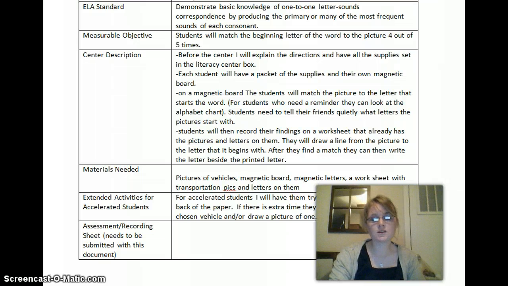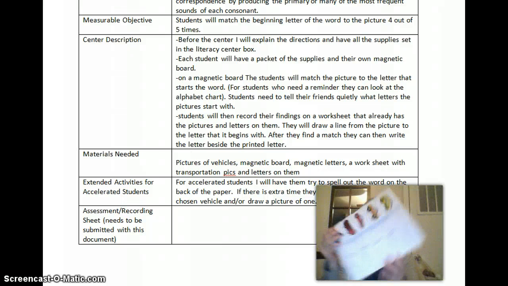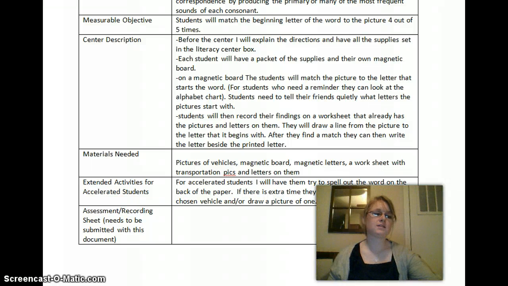Before the Literacy Center, I will explain the directions and have all the supplies set in the Literacy Center box. Each student will have a packet of supplies full of letters and vehicle cards. They will have a worksheet and a magnetic board.